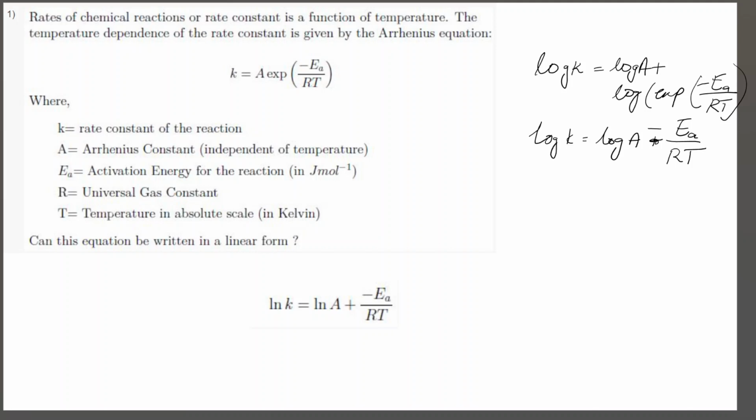Here the slope is given by minus E by R. So it is like y is equal to mx plus c, sorry for my handwriting.